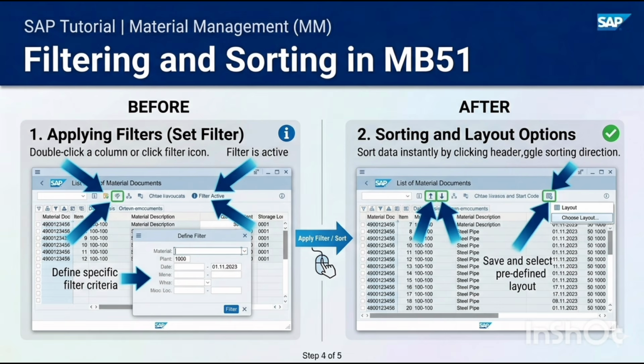Additionally, you can save your column layout so that next time you run MB51, your preferred columns and filters appear automatically. These features make data analysis much faster and more efficient, especially when dealing with thousands of records. So in this picture you can see that sorting and filters are applied.